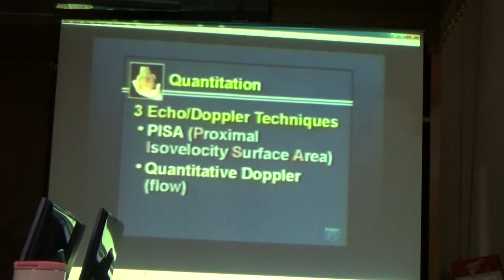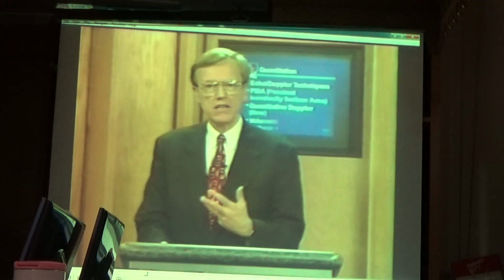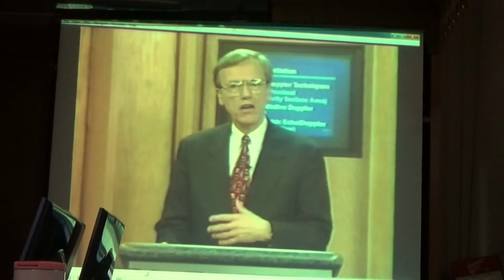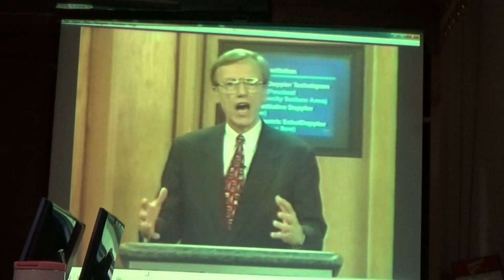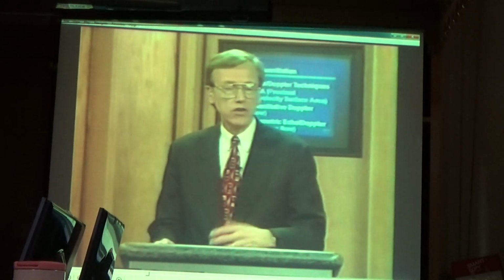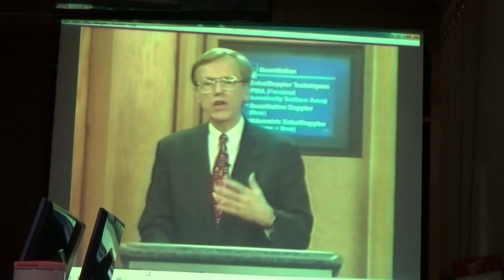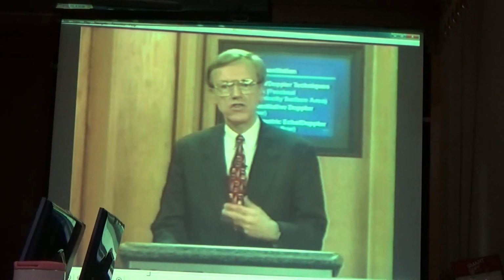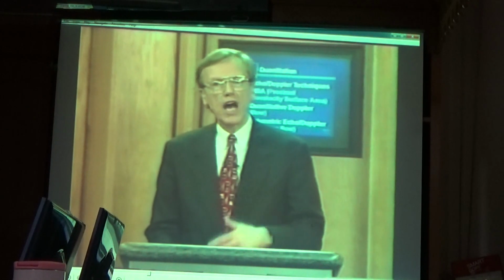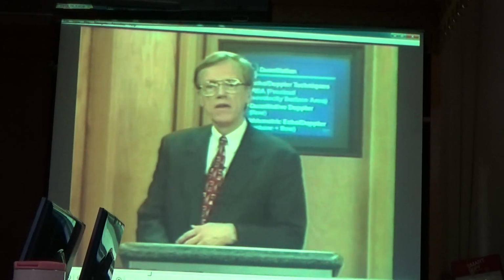This is everything that Dr. Freeman and Dr. Gurus discussed this morning, the volume across a heart valve. The third technique is volumetric echo and flow. That is, you can measure the volume of a ventricle by planimetry using Simpson's rule and so on, and look at various volumetric exchanges. So PISA, quantitative Doppler, and volumetric techniques.